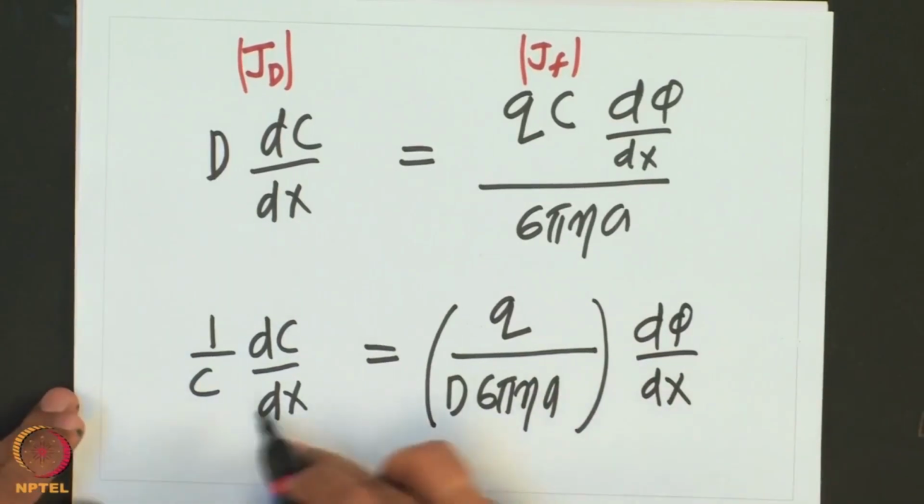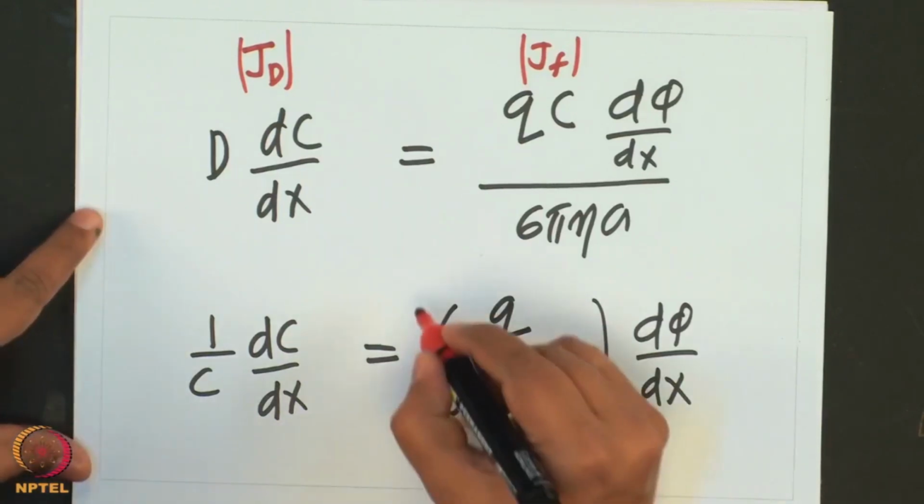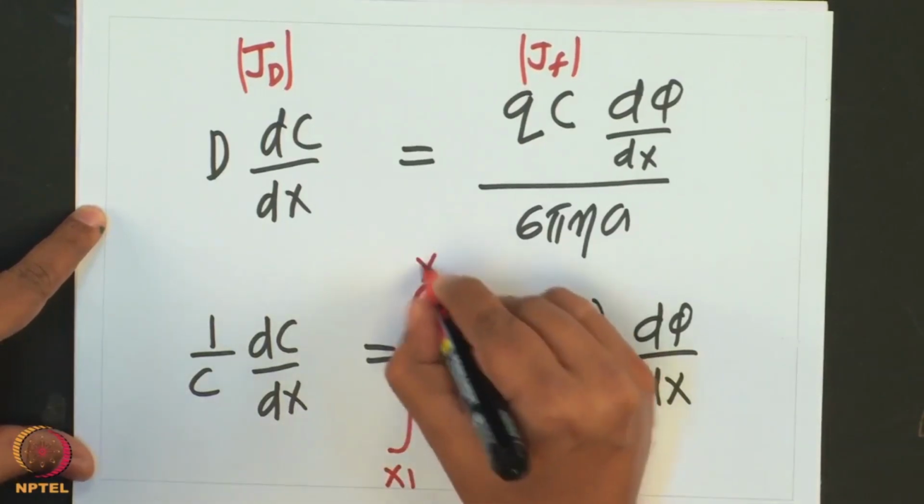So I have derivative on both sides. I would integrate this. Now what do I mean by integrate this? Integrate this from x1 to x2.